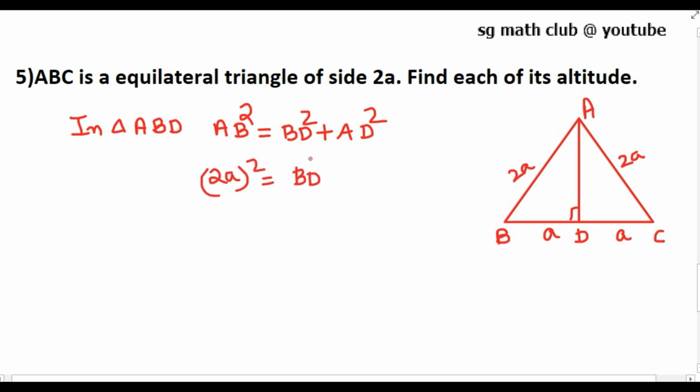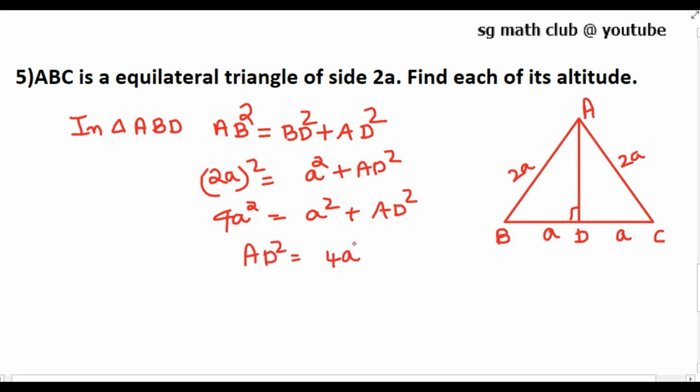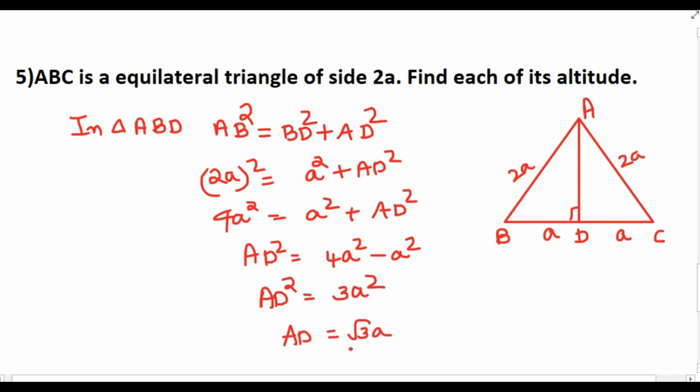BD square is A square. AD square we need to find out. So 4A square is equal to A square plus AD square, or AD square is equal to 4A square minus A square. AD square is equal to 3A square, or AD is equal to root 3 A. So the height or the altitude is nothing but root 3 A.